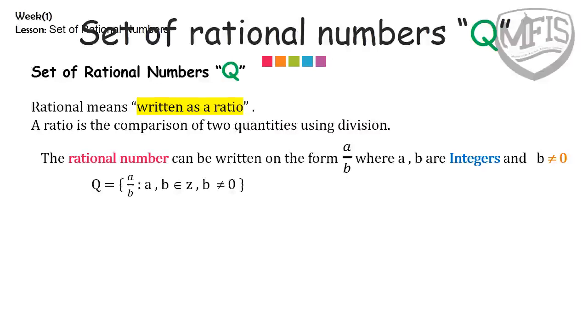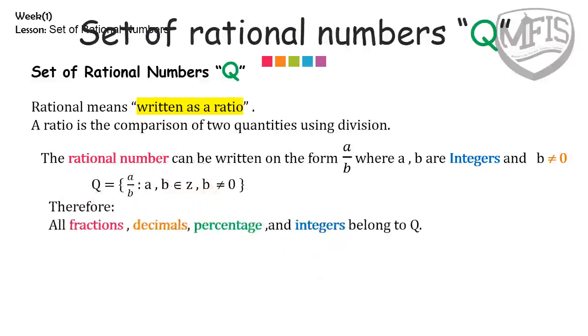Let me ask you an important question in this part. How many numbers do you have which can be written in this form a over b? Yes, a huge number of numbers, such as the fractions. All the fractions can be written in this form a over b.